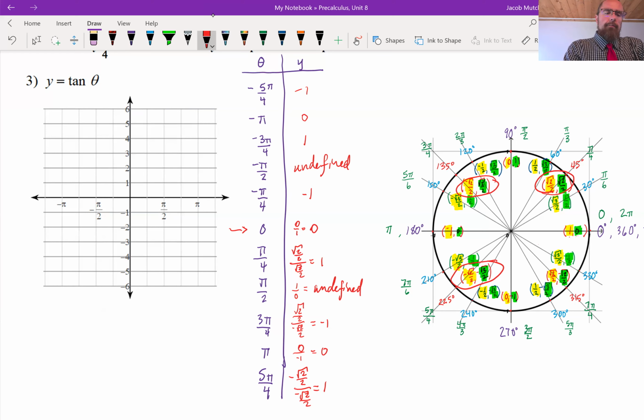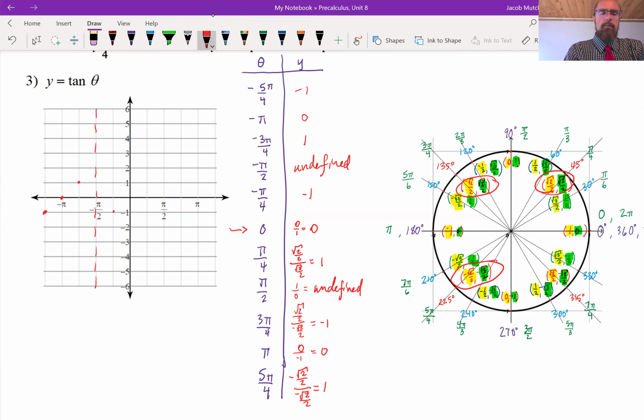So we'll graph this one. I'm going to start here at negative 5 pi over 4. That's negative 1. Negative pi is 0. Negative 3 pi over 4 is positive 1. And the undefined value at negative pi over 2 is going to represent a vertical asymptote. We'll then pick up the pattern again.